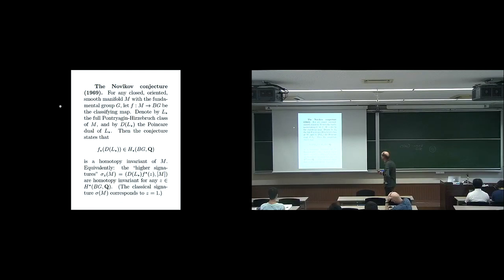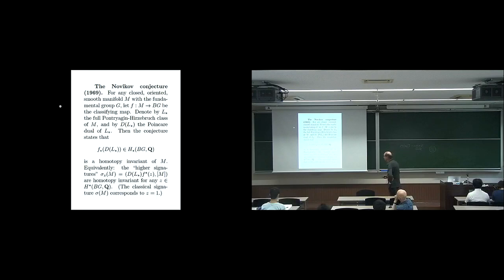The classifying space is the space classifying all free actions of the group G. So the universal cover will map into EG, which is the contractible space covering BG. So the conjecture says that F of this element in this group is homotopy invariant.